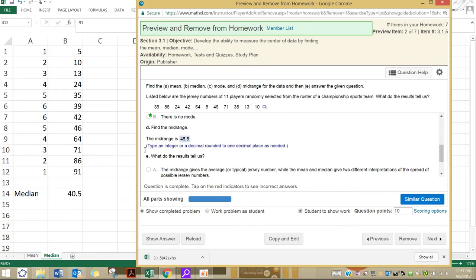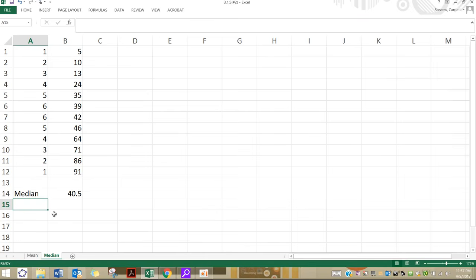The mid-range. The median and the mid-range are often confused because they both make you think of middle. But the median is a position.